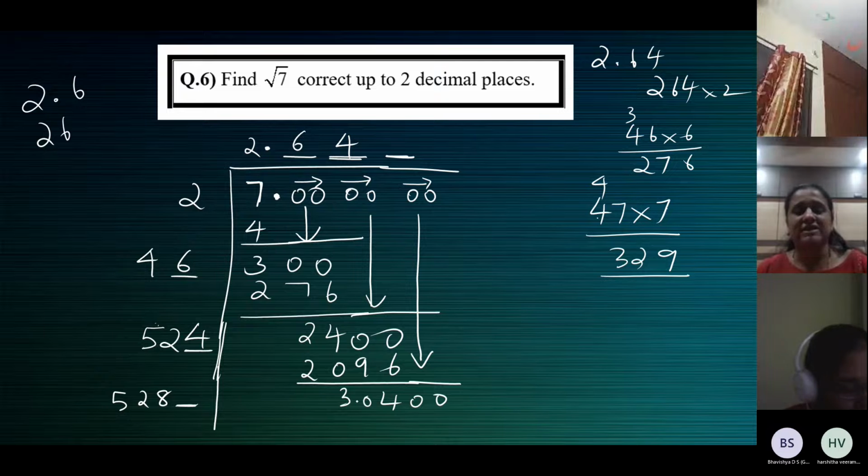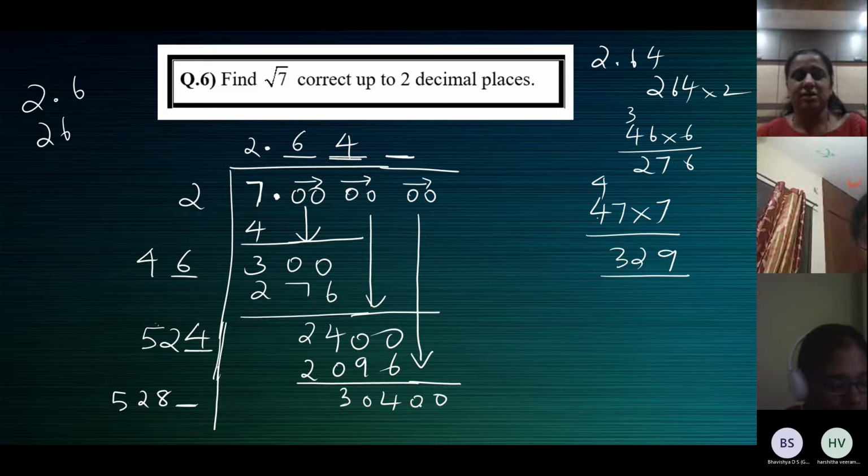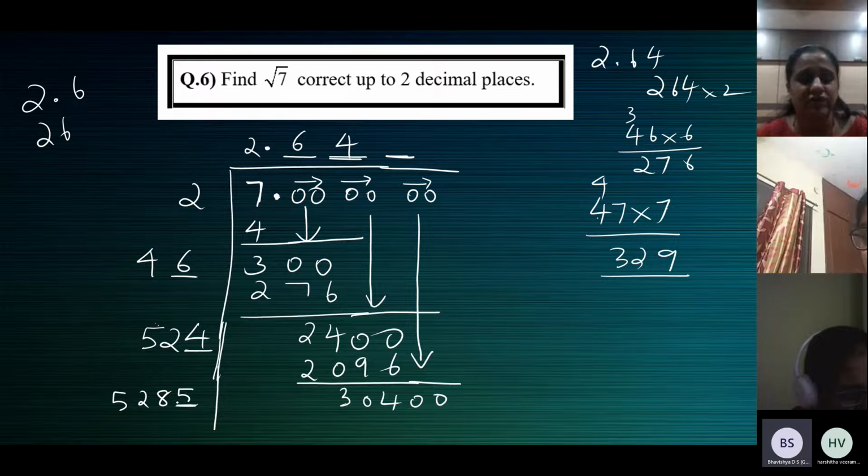Now we will not exactly get 30,400 because 7 is not a perfect square. So you will not get 0 as a remainder. So you should not try to get 30,400 exactly. You will find a number just less than 30,400. And you said it's 5 here. Okay, so let me see if we are right.